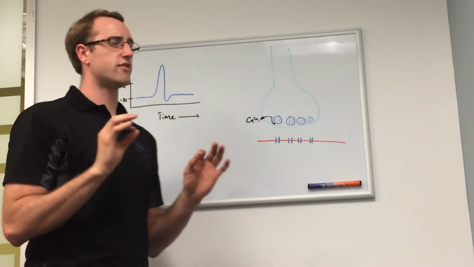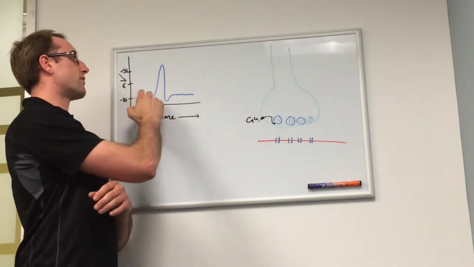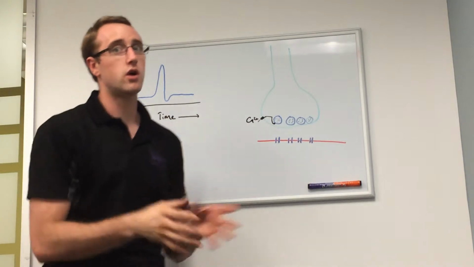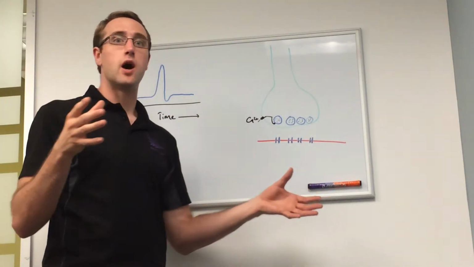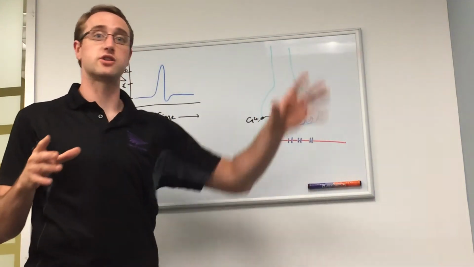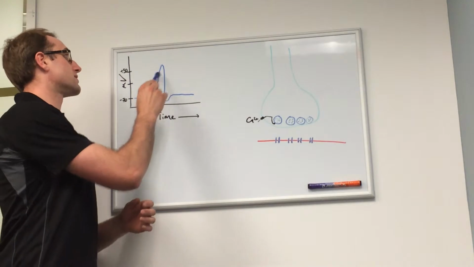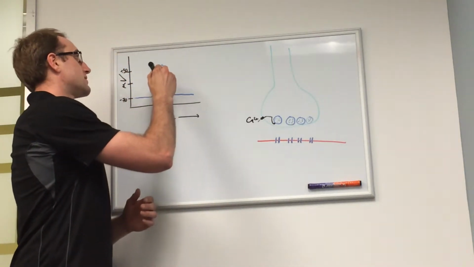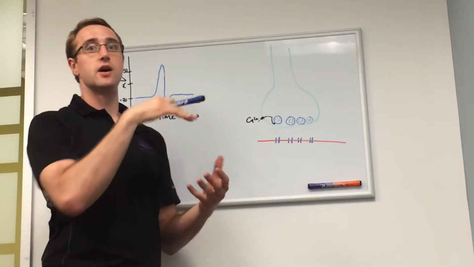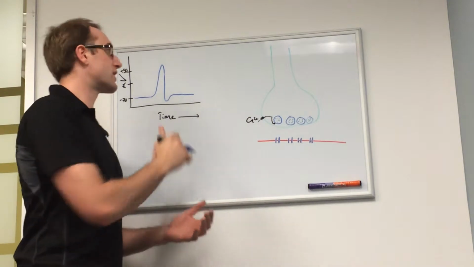Maybe that number's a little bit off, but essentially with an action potential, it's going to hit some threshold where all of a sudden all the voltage gated channels are going to open within a certain section of the cell, and there's going to be a huge influx of sodium. So we get this massive rise because sodium is a positively charged ion, a massive rise in the amount of positive ions within the cell.